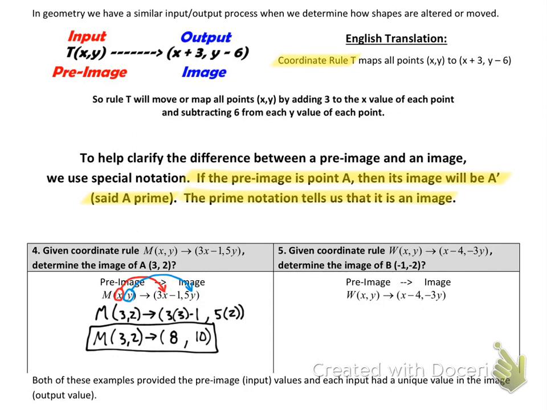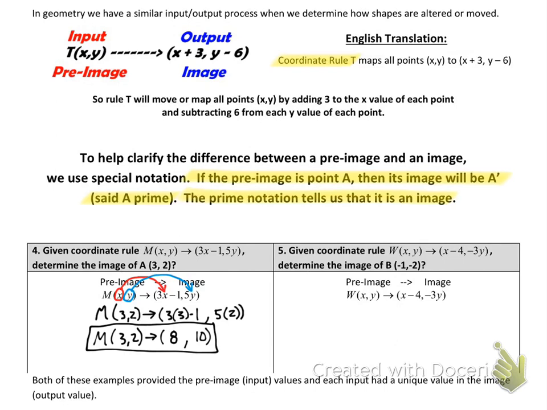Okay. So go ahead and try this next one. You already have the coordinate rule given. You have the input. So see if you can figure out what the output, what the image is going to be. Okay, I'm glad we're going over this. There's a lot of confusion on this just because of different points of confusion.